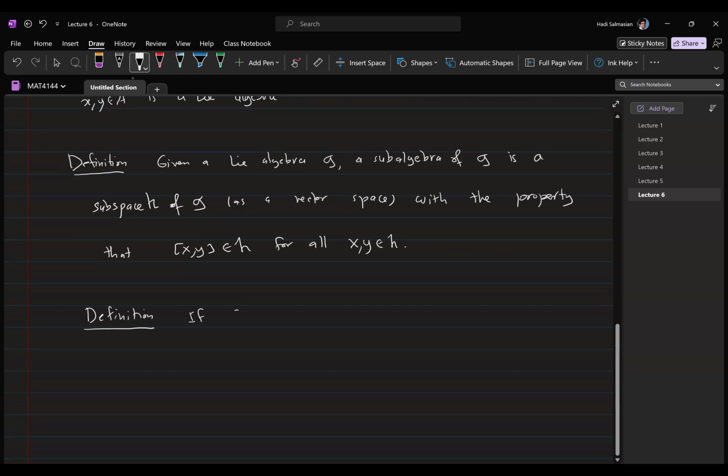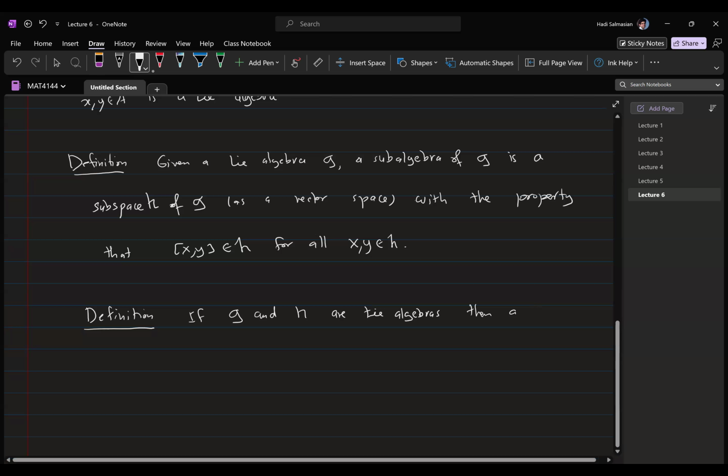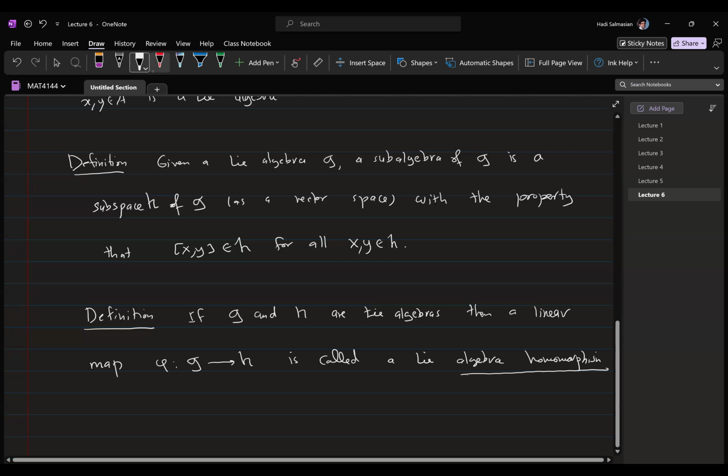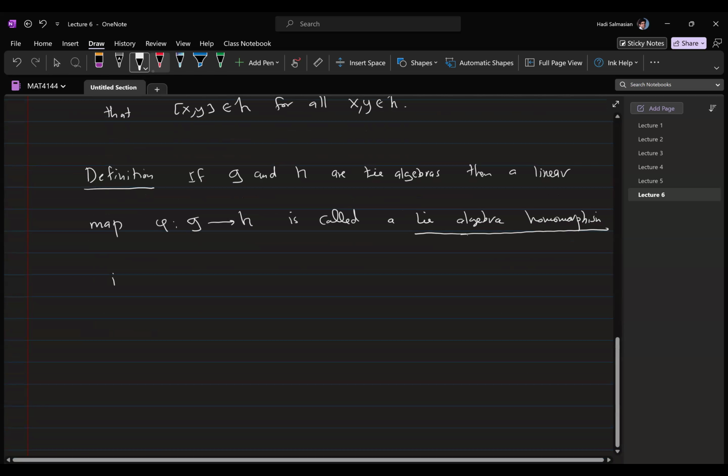So if g and h are Lie algebras, then a linear map phi that goes from g to h is called a Lie algebra homomorphism if it preserves the bracket.